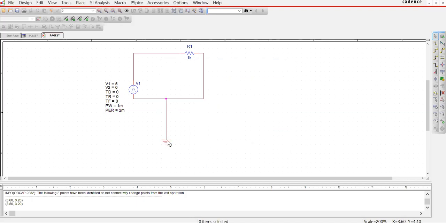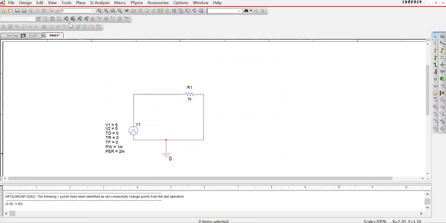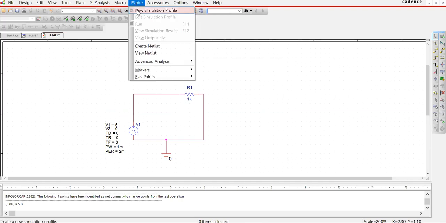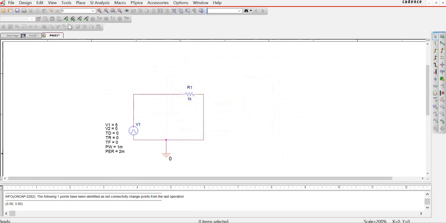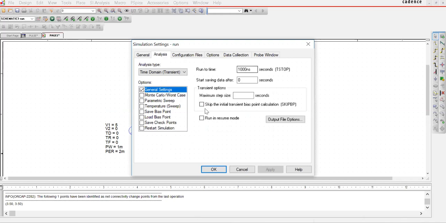Now let's run it. So new simulation profile, then run. In the settings, see the pulse period is 2 milliseconds, so obviously if I want to see 5 such cycles, I have to run it to 10 milliseconds.